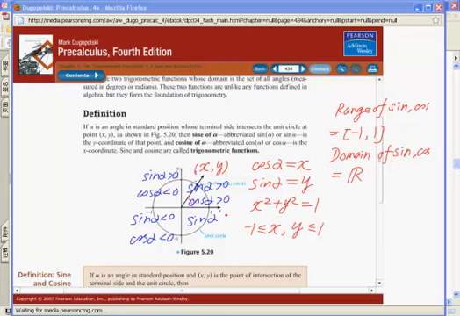Positive or negative? Negative, right? Because it's below the x-axis. In quadrant 4, the y-coordinate is negative. So sine alpha, which is defined as the y-coordinate of the point of intersection, must be less than 0. And how about cosine alpha? Positive, right? In quadrant 4, the x-coordinate is positive. So cosine alpha is positive. Any questions?